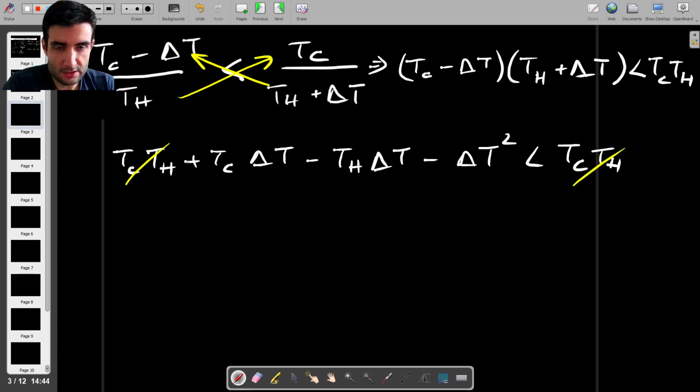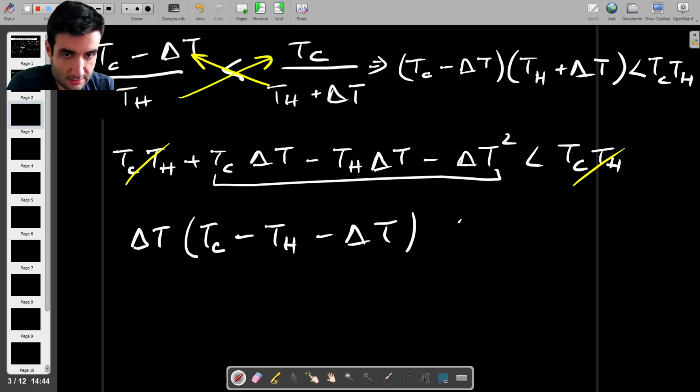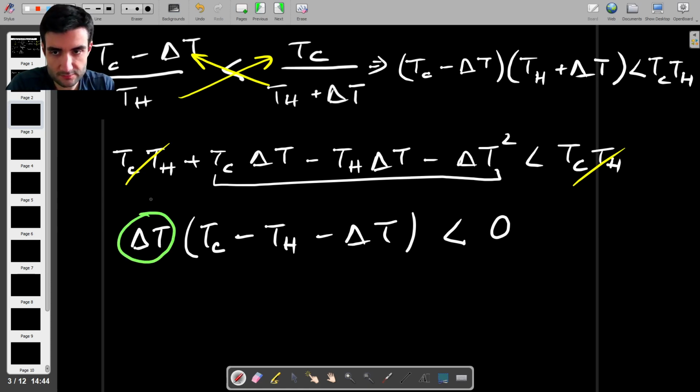And now we're going to have to check what we are getting. If I factorize a delta T, we have delta T times T cold minus T hot, and then minus delta T, is less than 0. So is this true? Well, let's see. We know delta T is positive, right?